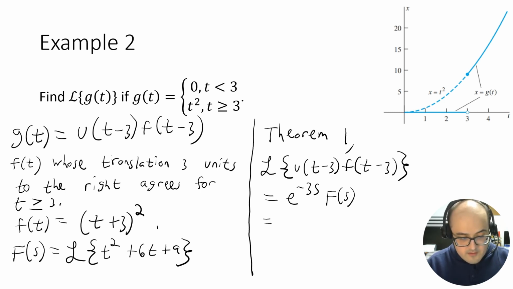So right now, this would be e to the negative 3s times 2 divided by s cubed plus 6 divided by s squared plus 9 divided by s.